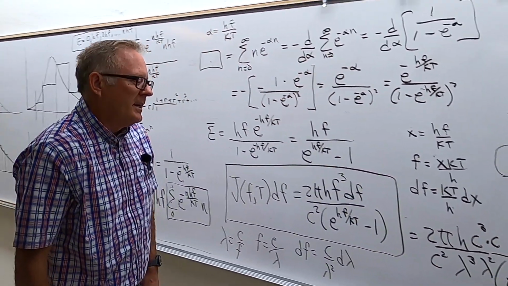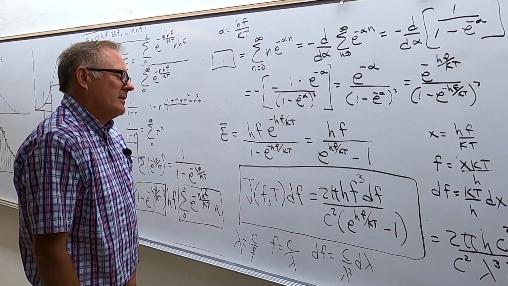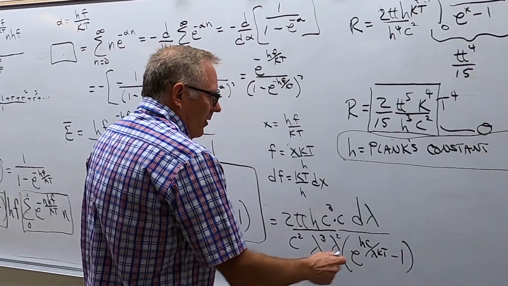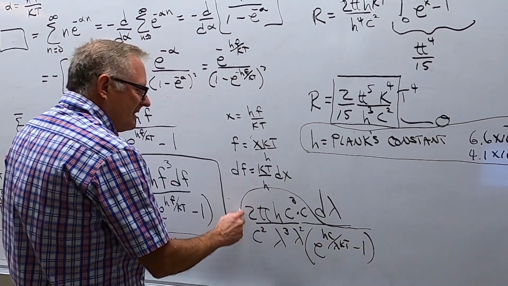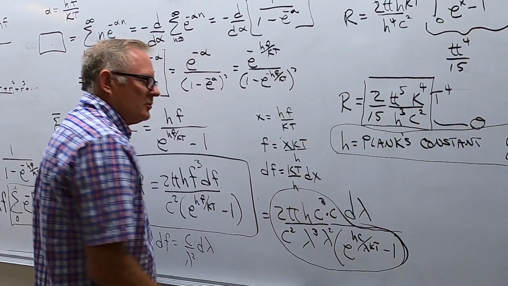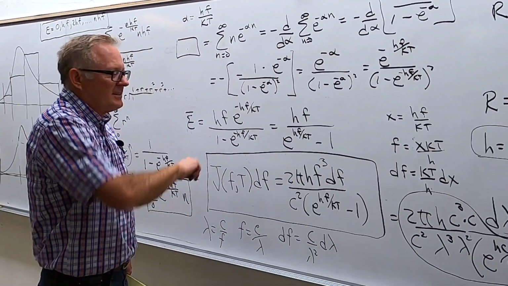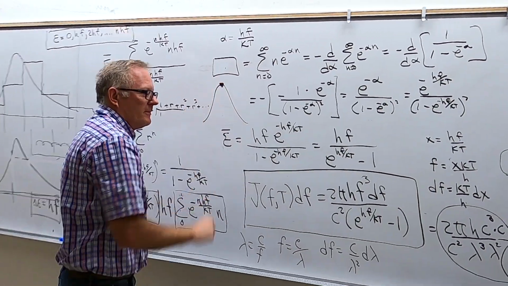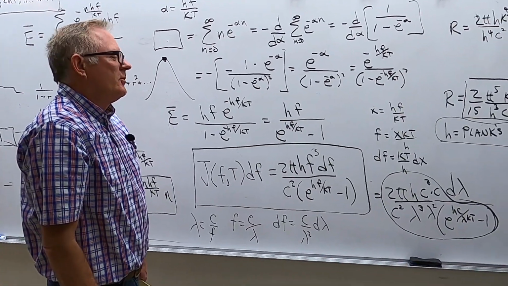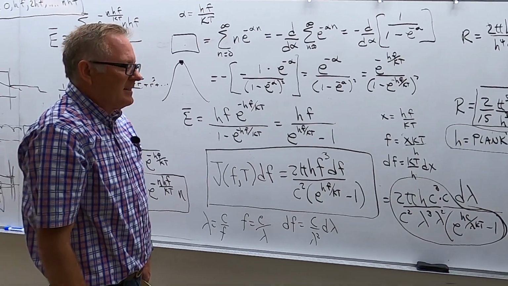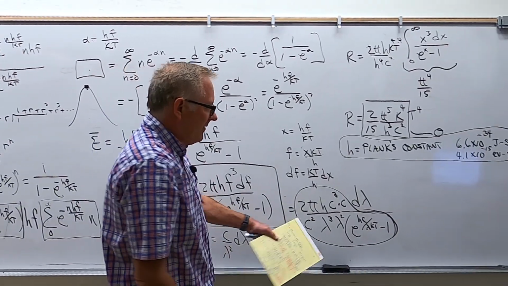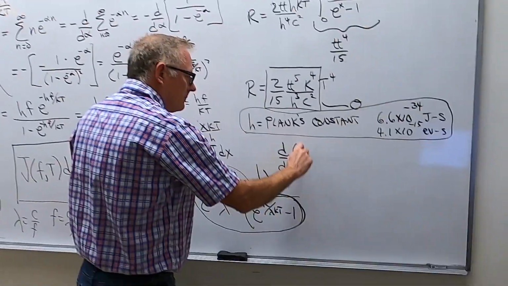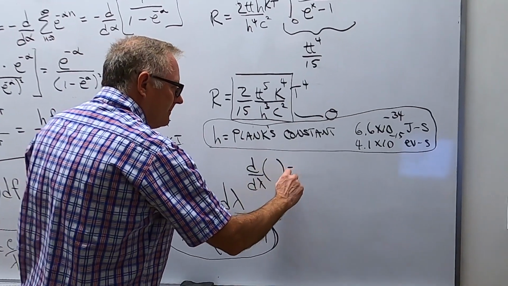So this is what it is in terms of wavelength. Actually, we just want to know where this thing peaks, because that's what we want, the peak wavelength. It's going to go up and come back down, and we want to find the top. So what you would do is take the derivative of this with respect to lambda and set it equal to 0.